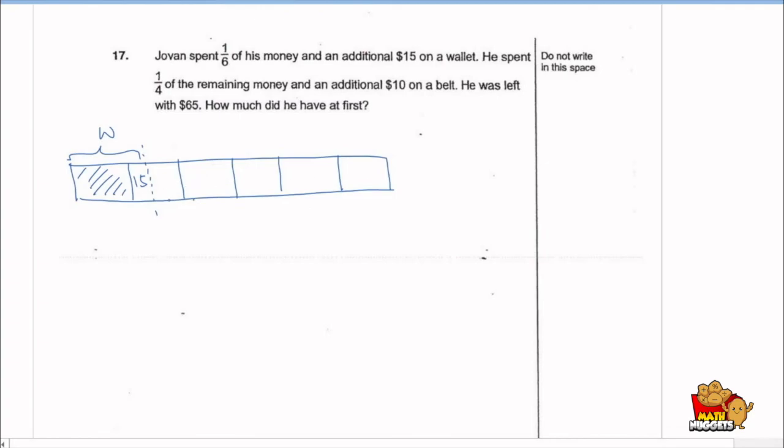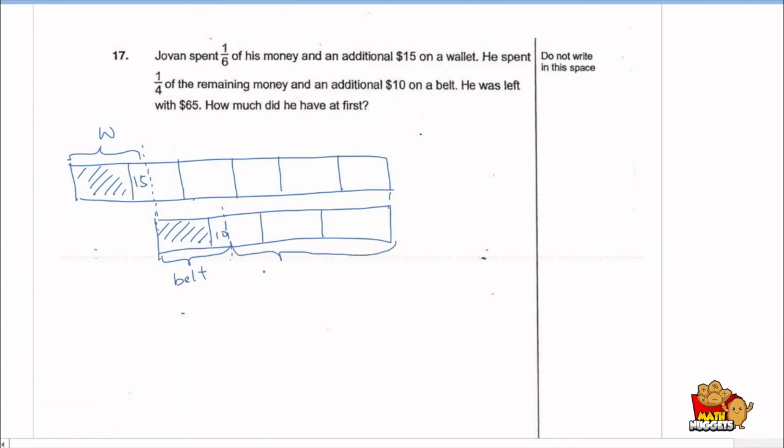We have like 4 and a little bit more here. So I'm just going to drop down the remainder and draw a new bar, and cut the new bar into 4 parts. So he spent 1/4 of the remaining money and an additional $10 on a belt. He was left with $65.